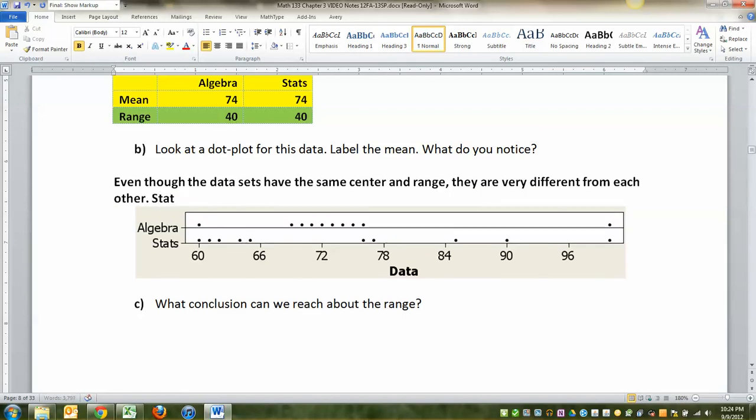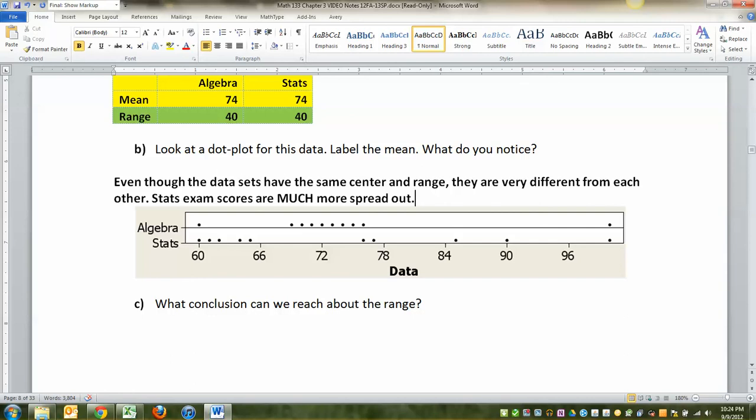The stats exam scores are much more spread out. Because it's not just a question of the lowest and the highest. The lowest and highest is 40 apart for both of them, like Alana picked it on purpose, right?